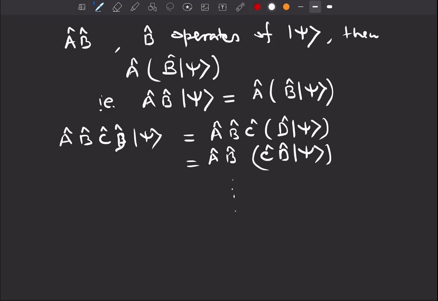And lastly, A operates on the final ket B C D psi.